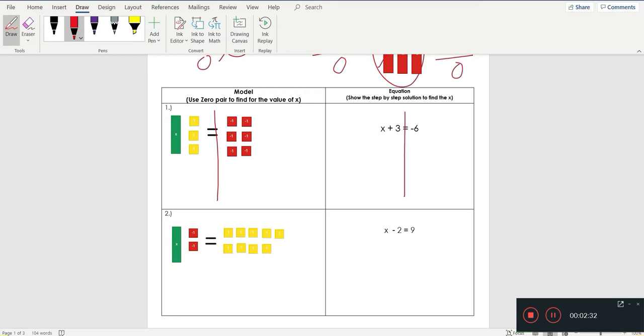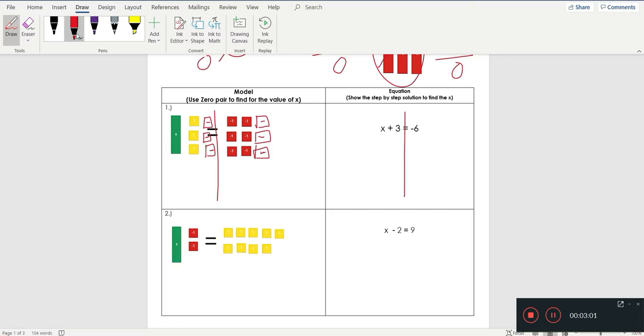So I will add 3 negatives here. Whatever I add on the left side, I will also add on the other side. We have 1, 2, and 3.